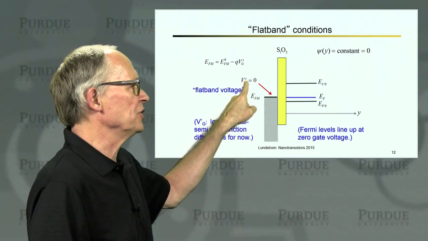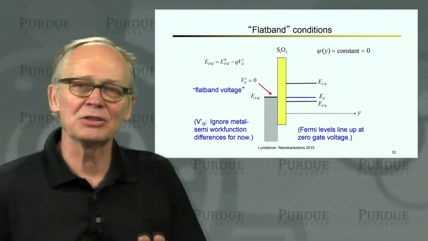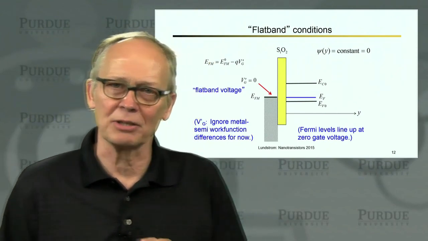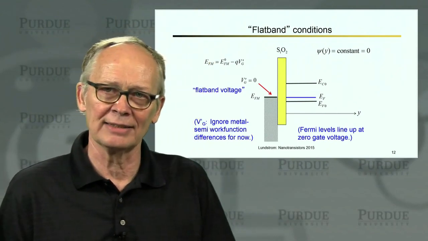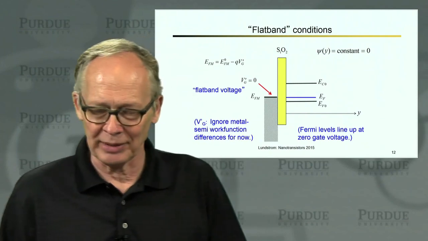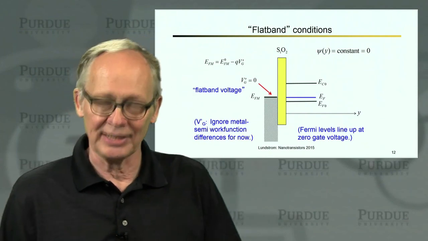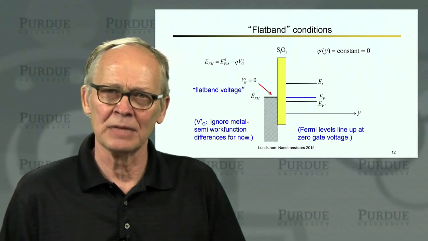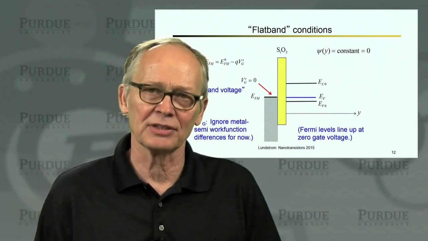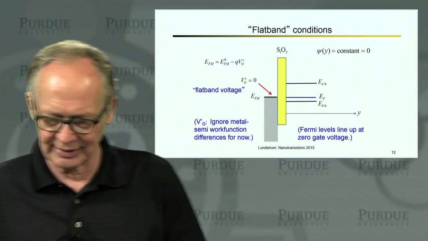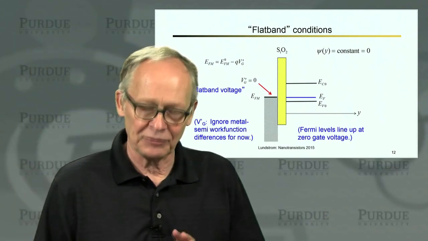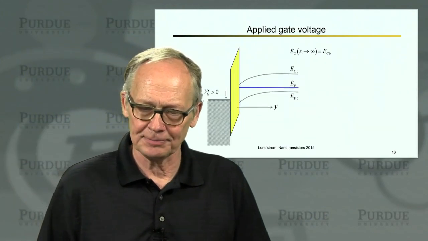When I write a Vg prime, it means I'm assuming I have this hypothetical magic metal where the Fermi level just lines up with the semiconductor when I apply no voltage to the metal, and everything is flat at Vg equals 0. We'll see in a couple of lectures how we fix that up for more realistic conditions. But for now, it's an easy place to start.